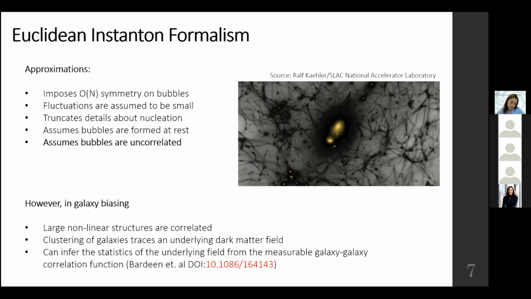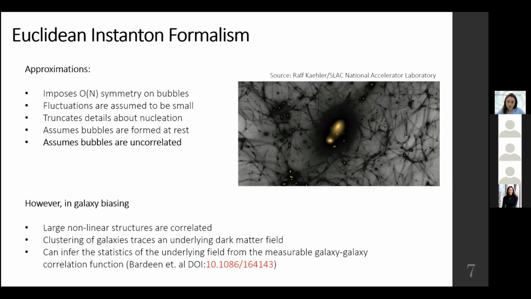So there is another instance in cosmology, in observational science, where we know that large nonlinear structures are in fact correlated and not at all spaced out and independent of one another. And this is the case of galaxy biasing.